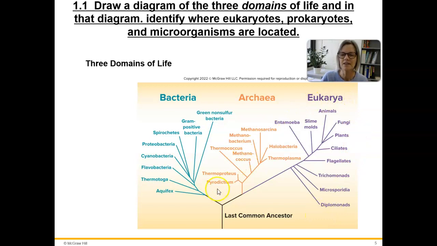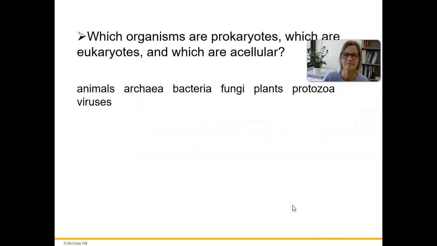So if we're trying to find the microorganisms, they're all here. But remember, some fungi are microscopic too. And these protozoa are microscopic. The animals and the plants do not have microscopic members. If they are microscopic, they're probably in one of these categories.